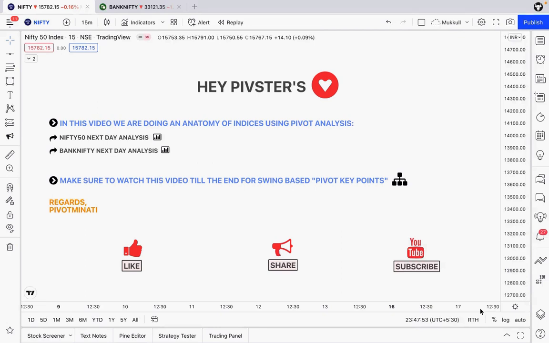To keep this video very basic, raw, and unedited, and to convey the effectiveness of pivot points in a very basic manner, here we are with a video which can help many of you.